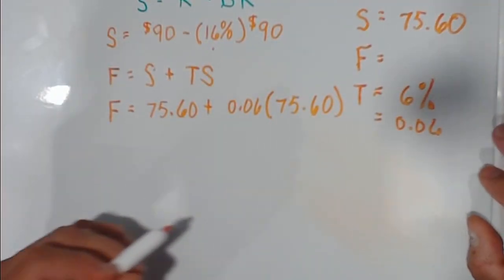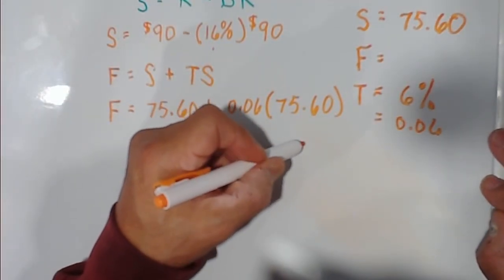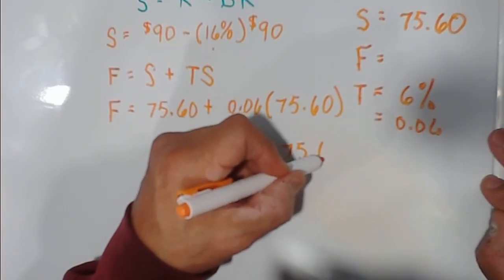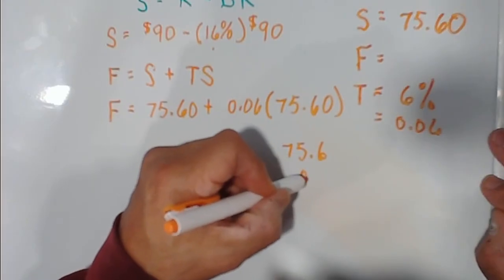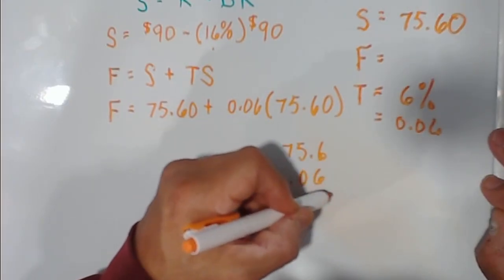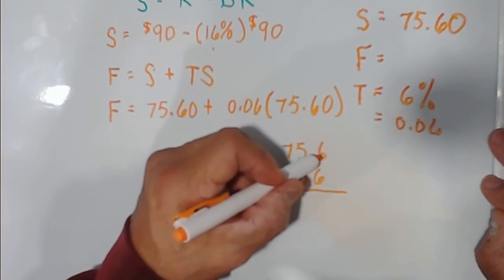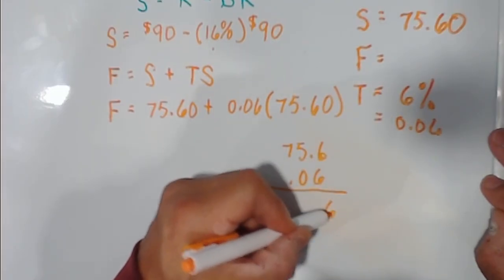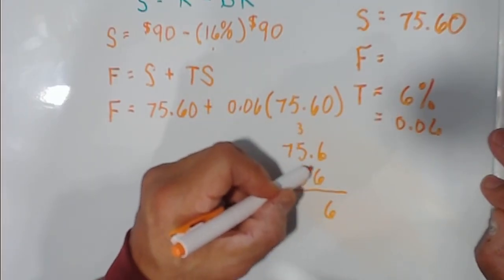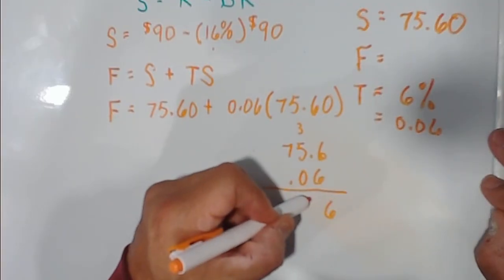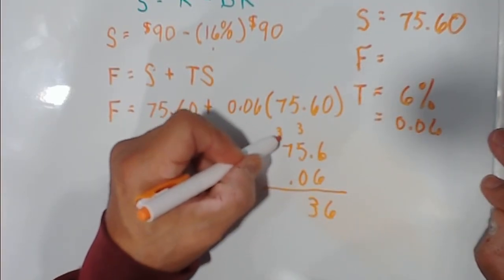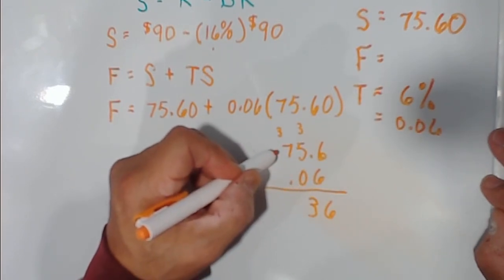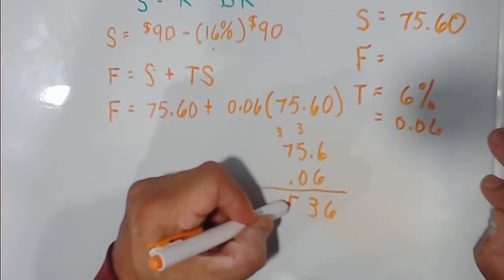Let's multiply that out. 75.6 times 0.06: 6 times 6 is 36, carry the 3. 6 times 5 is 30, plus 3 is 33. 6 times 7 is 42, plus 3 is 45.